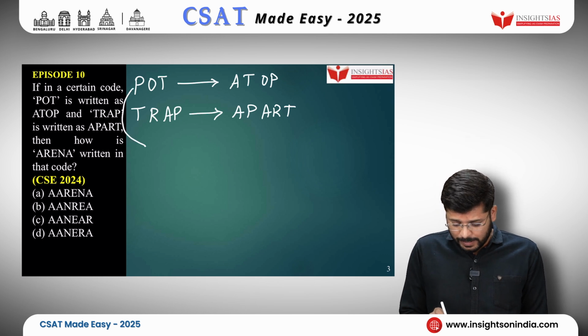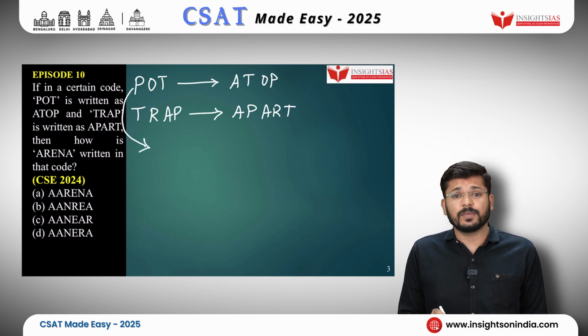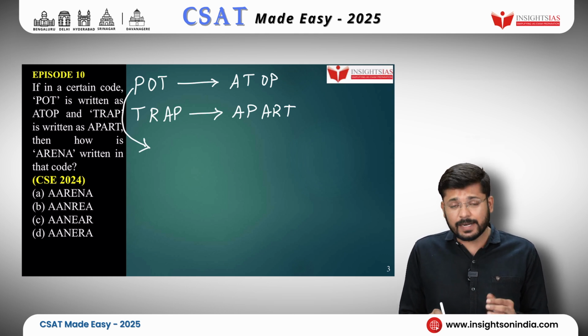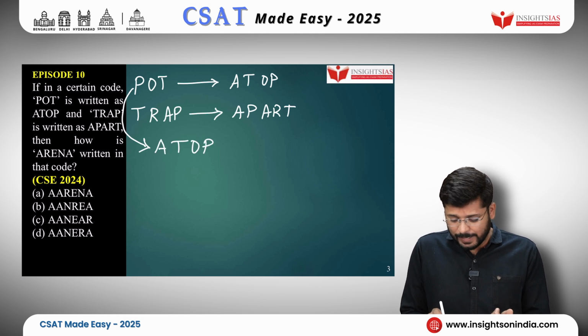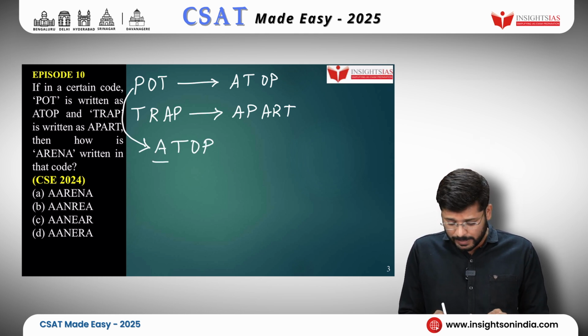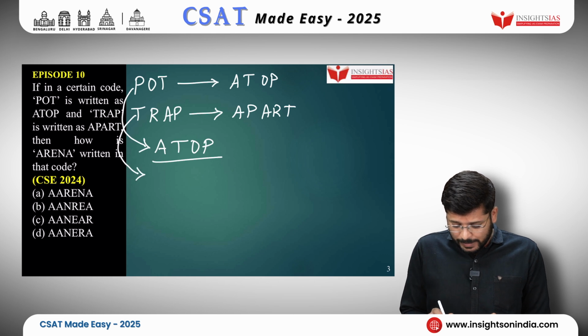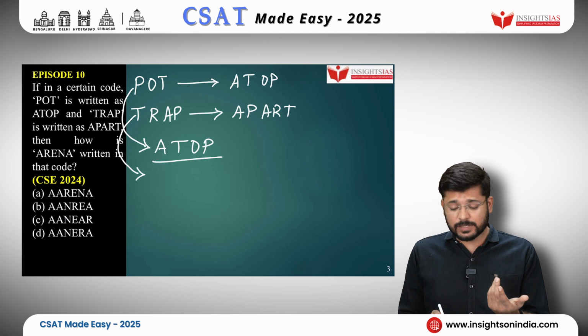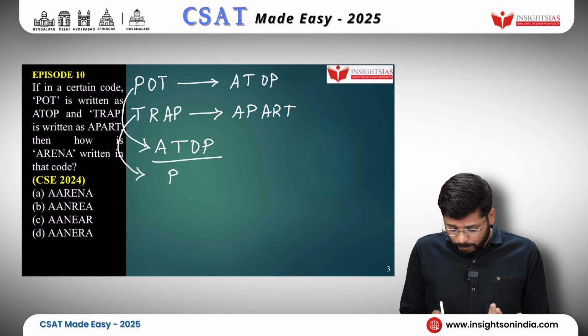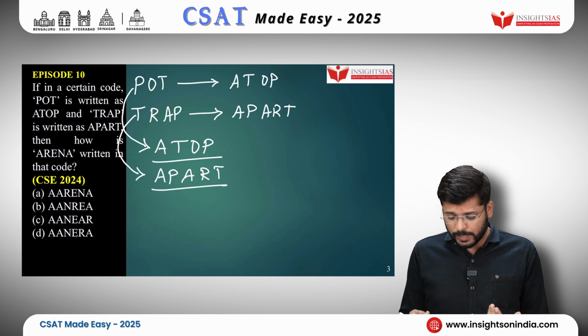What they have done is they have reversed the letters of the first word pot. By reversing the letters of POT, you get TOP, and they have added an A at the beginning. Similarly, they have reversed the letters of the word trap. What do we get if we reverse the word trap? That would be PART, and they have added an A at the beginning to get apart.